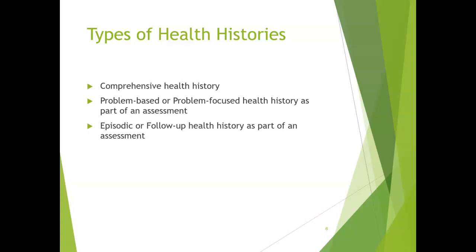Well, we might do a health history, like we remember the information we gathered earlier or 2 days ago, but we might be doing a follow-up on how things are going and if anything new has happened with the patient. So that's an episodic or a follow-up health history.